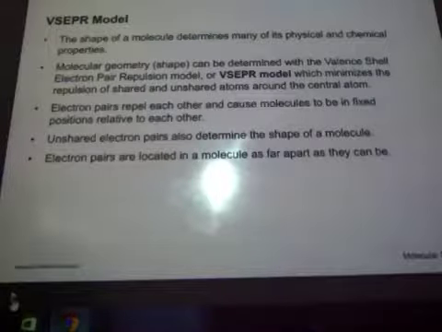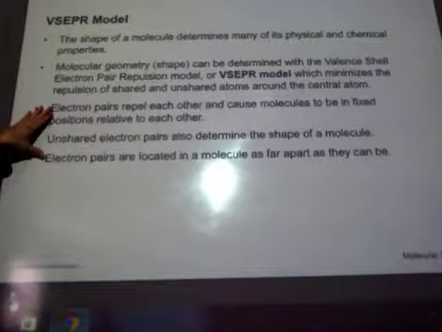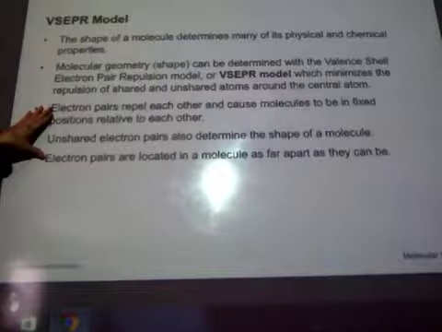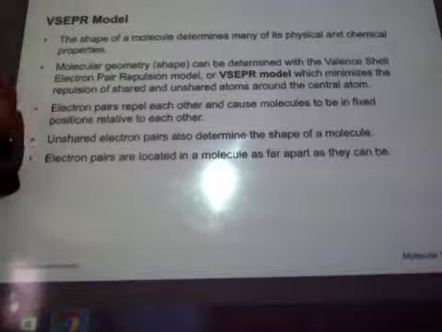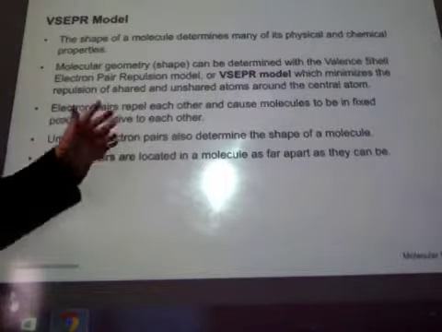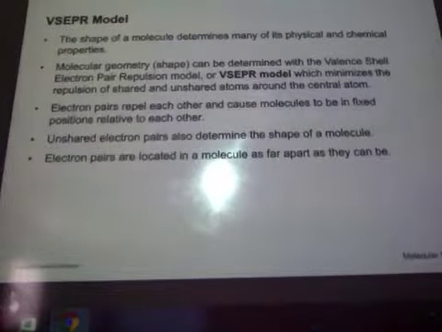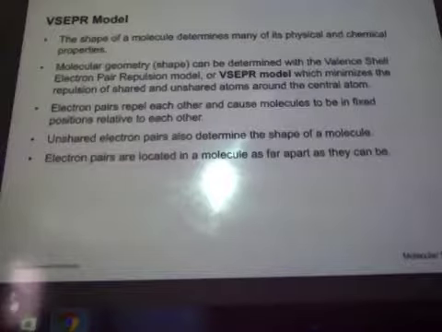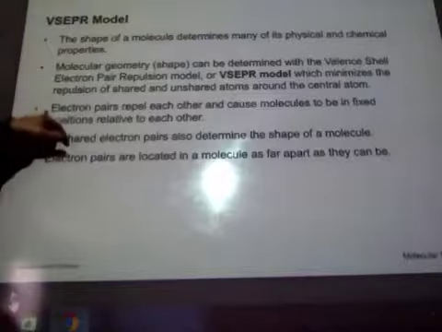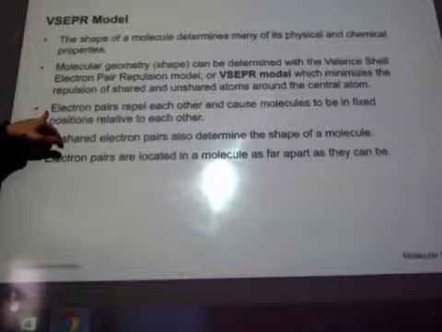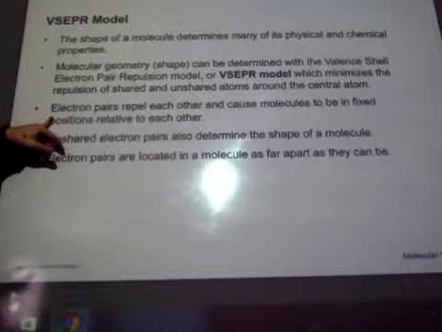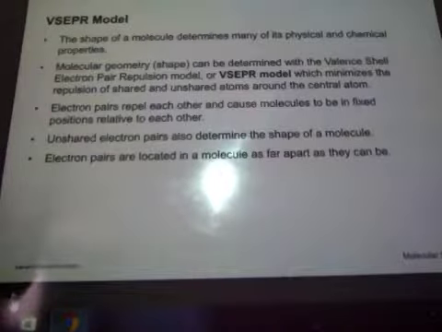So any electrons that are in an atom don't want to be by each other. Which is why when we did orbitals, one would go in the one box, and then the next box, and then the next box. They want to be as far apart from each other as possible. They have the same charges, they repel. So electron pairs repel each other, and that's what causes the molecule to have the shape it does.